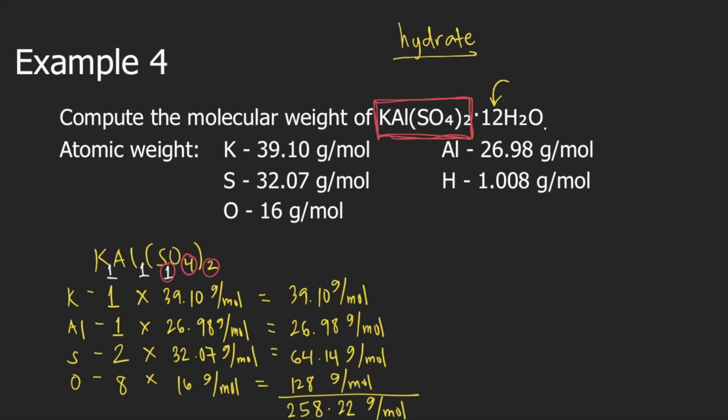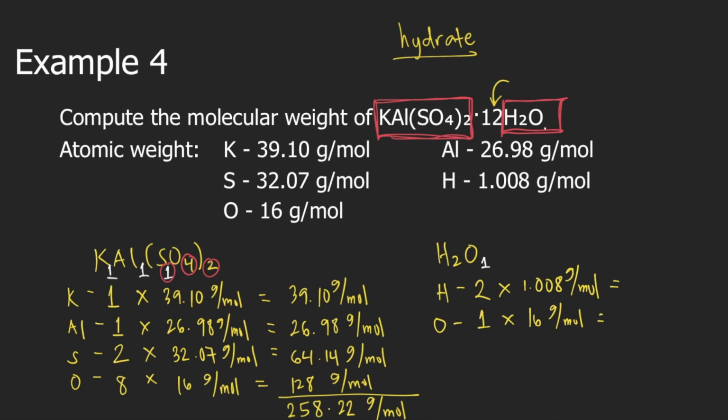Then solve the molecular weight of water. So H2O. So the 2 elements are hydrogen and oxygen. 2 hydrogens and 1 oxygen. So hydrogen, the atomic weight is 1.008. And for oxygen, that's 16. For hydrogen, that's equal to 2.016 grams per mole.